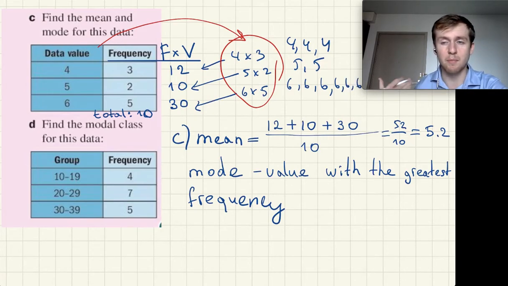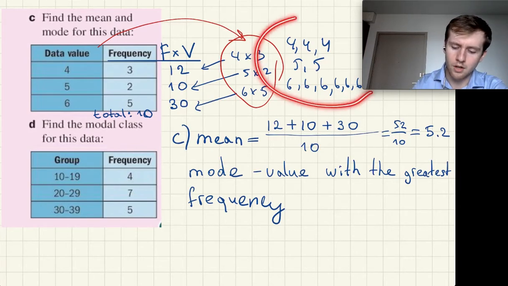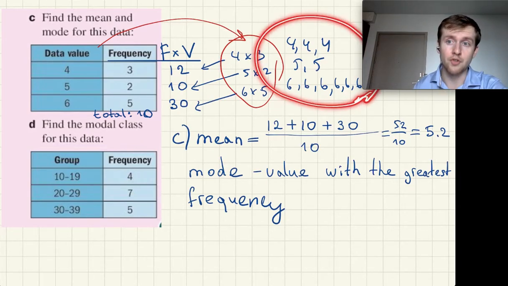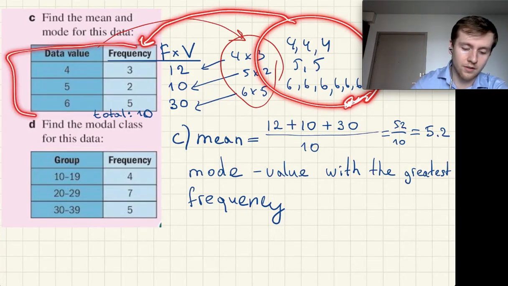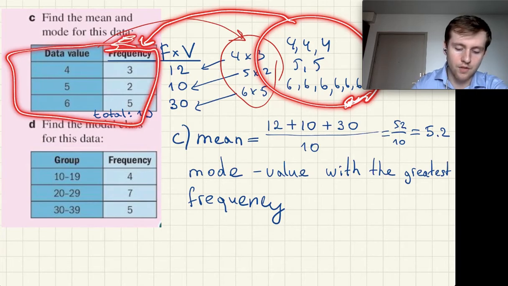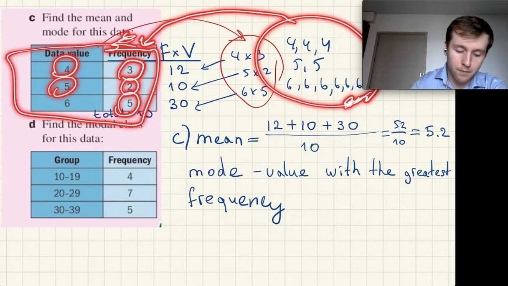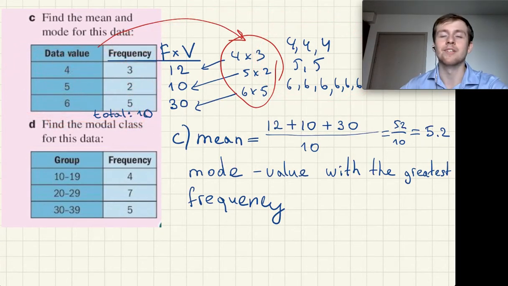This is what this table means, but we don't want to write all this, right? So we try to make it smaller and shorter and easier to understand. So we transform it to this table. And here this means we have 3 4s, 2 5s, and 5 6s, like this.